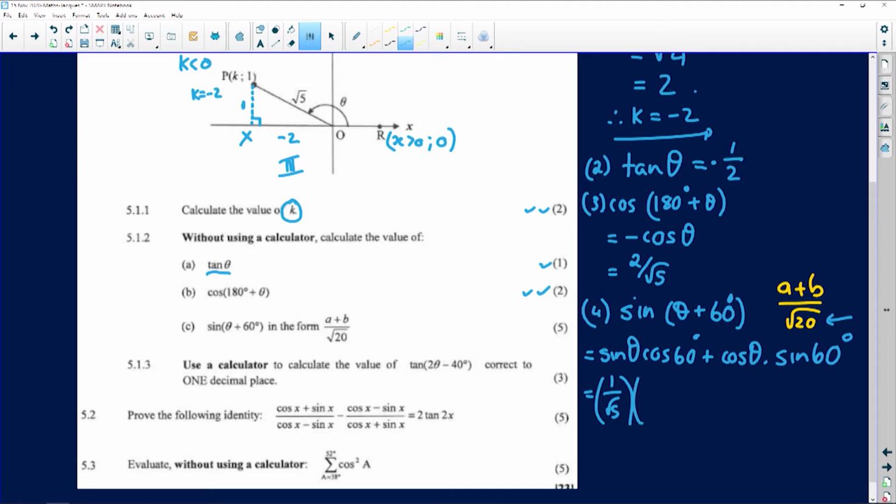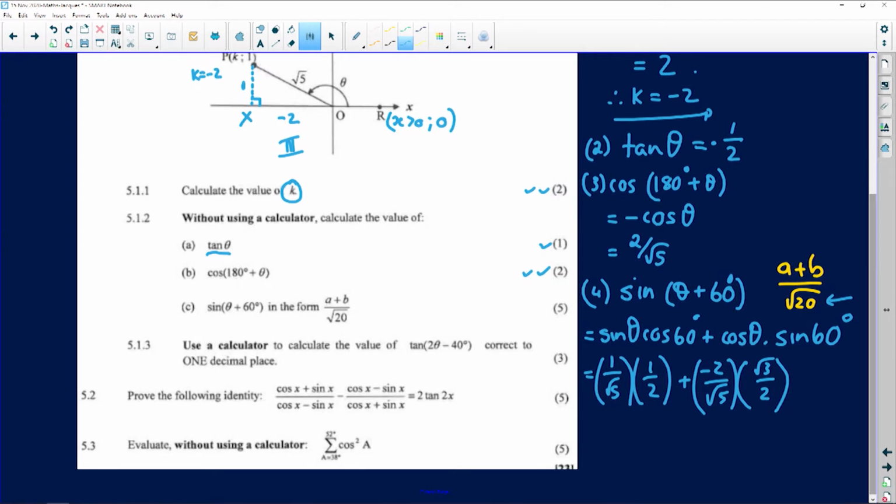The cosine of 60 is, as usual, a half, plus the cos of theta is minus 2 over root 5, and we have the sine of 60 as root 3 over 2. Okay, now let's see.